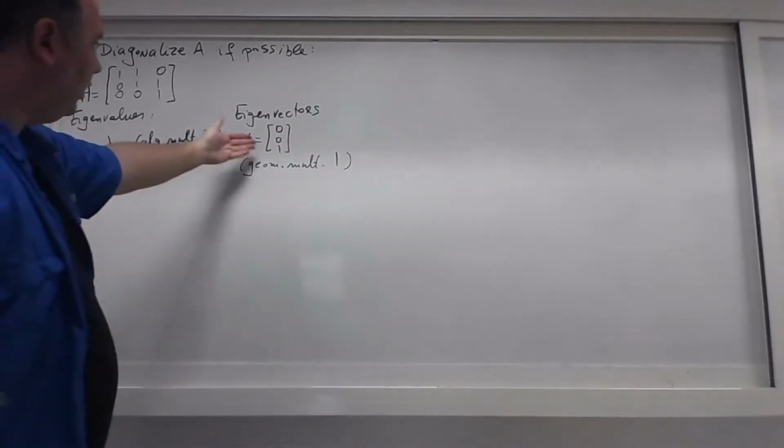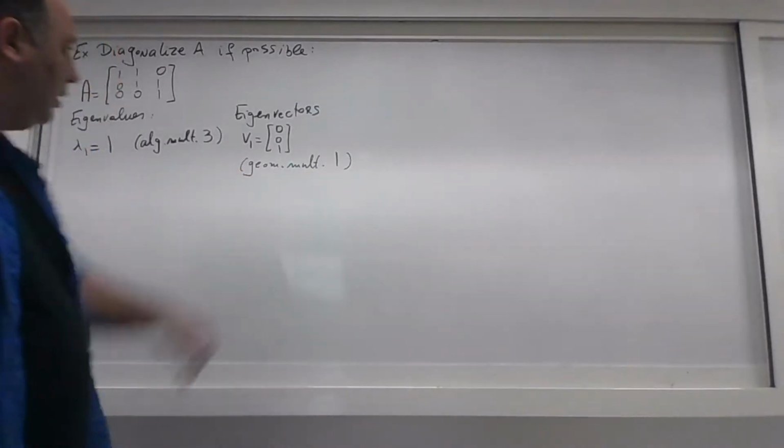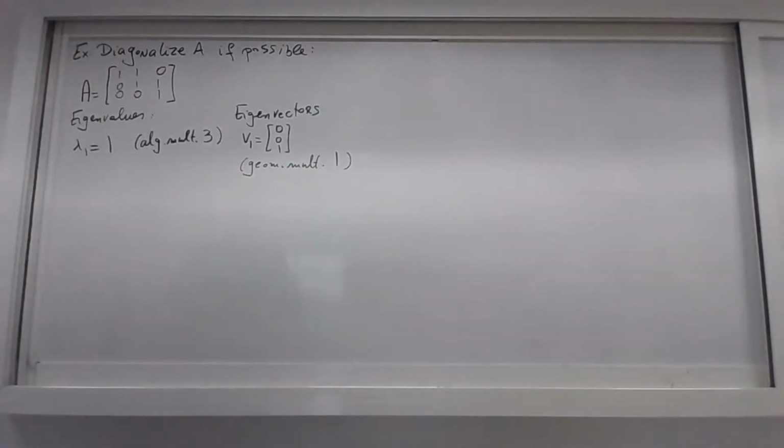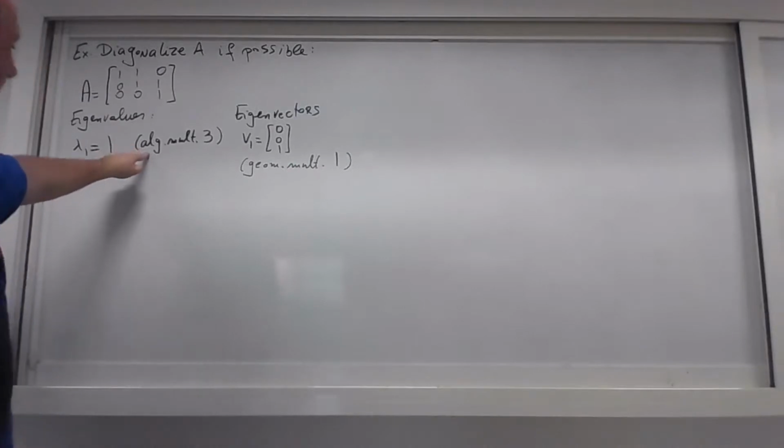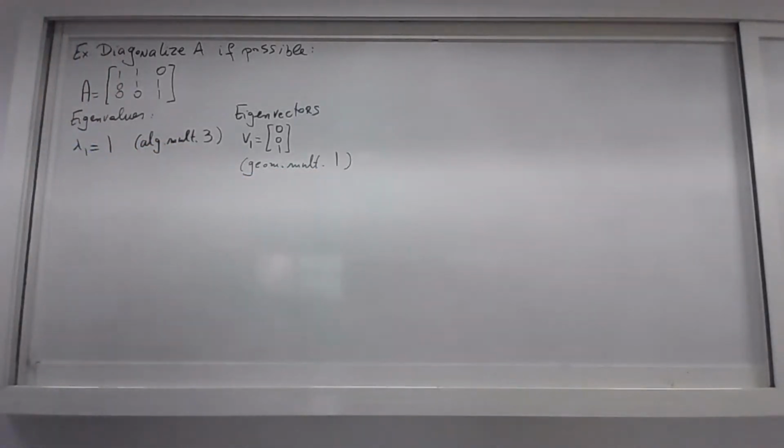Let's compute. We finish computing, we get only one vector that generates eigenspace. So eigenspace is of dimension 1. So geometric multiplicity is 1. Oh, trouble in paradise. Algebraic multiplicity 3, geometric 1, they are not equal. Therefore, my matrix A, even though it's gorgeous, is not diagonalizable.